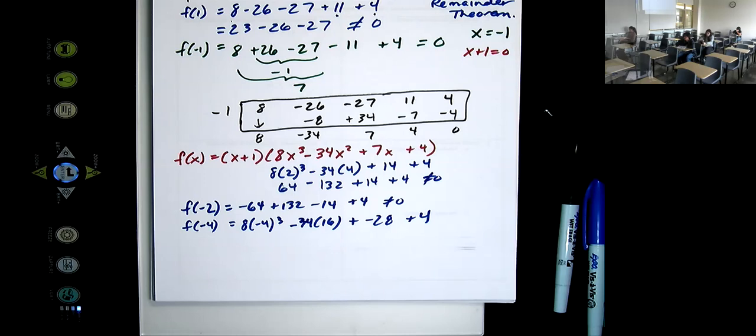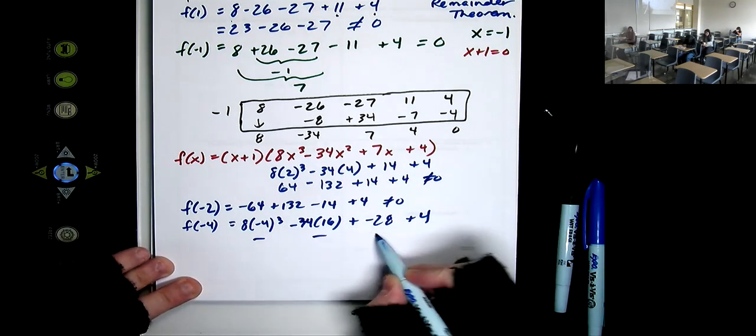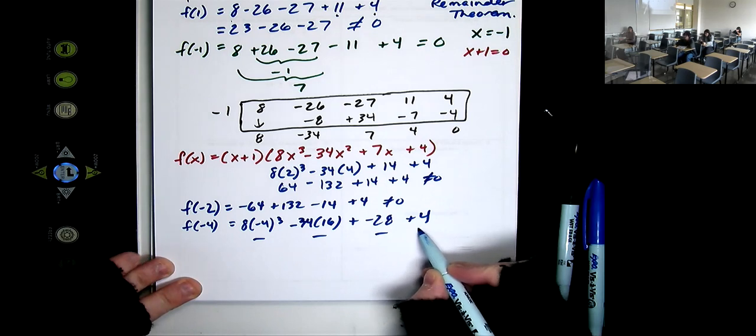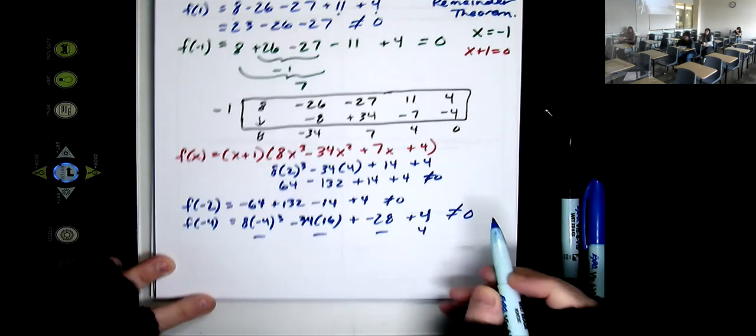Throw that in a calculator real quick. -4 cubed is -64. I know that. So 8 times -64. Oh God. So this is negative, this is negative, and this is negative, and I only got +4. That's definitely not going to give me a 0.